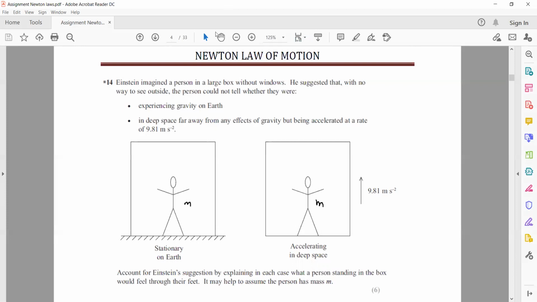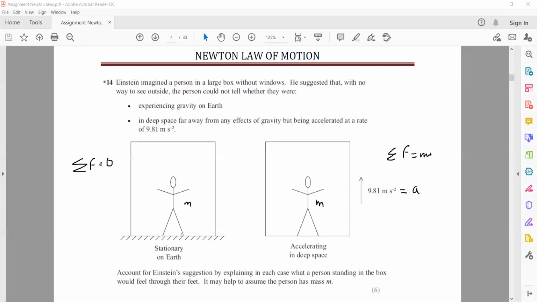So for the first one, the person on Earth, the resultant force is zero because he's not accelerating. But for the second person who's having an acceleration of 9.8, to have an acceleration, there should be a resultant force.